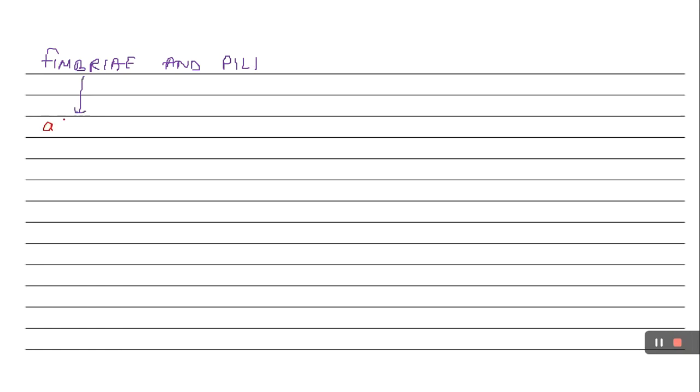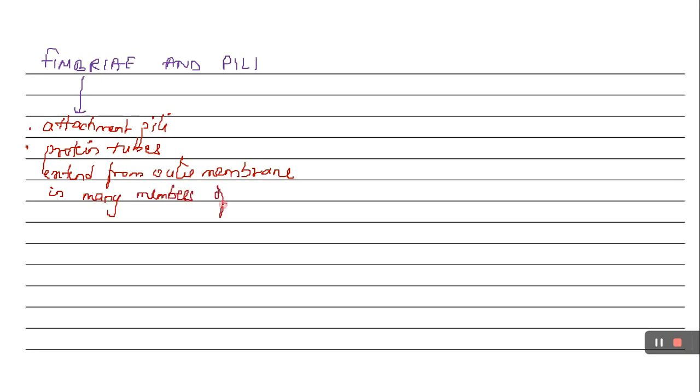They are a kind of attachment pili, and they are protein tubes that extend from the outer membrane in many members of proteobacteria.